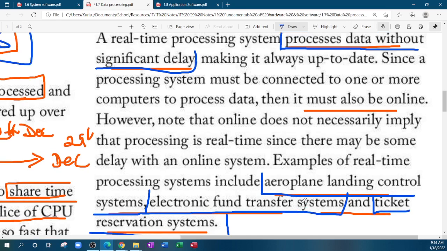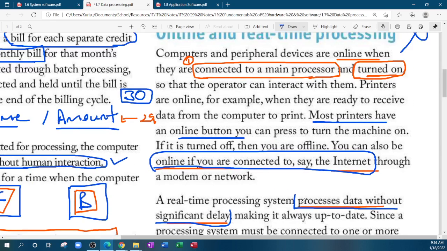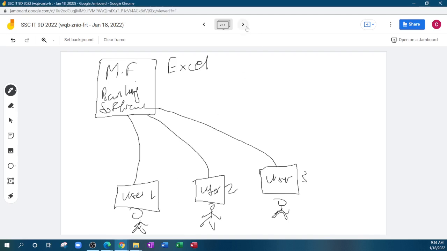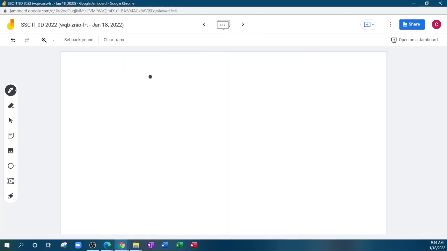So the difference between the two, online and real time. When you're online, it basically means the device is on.